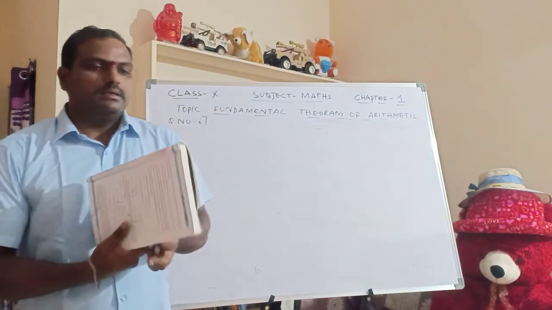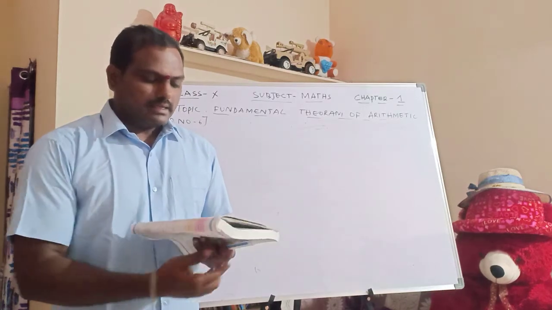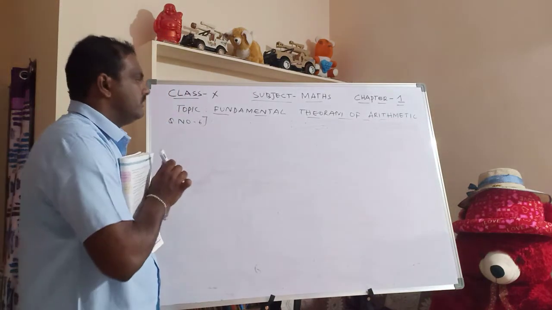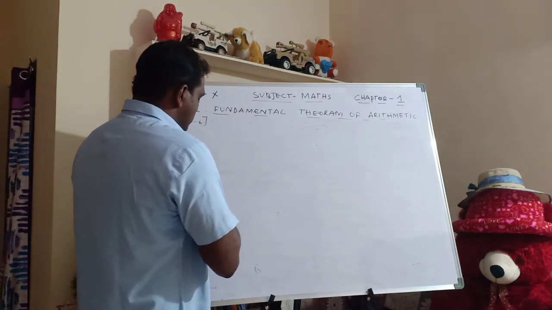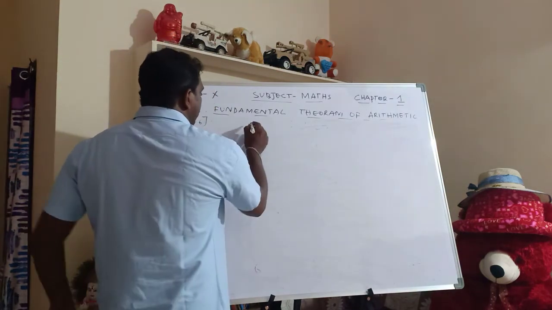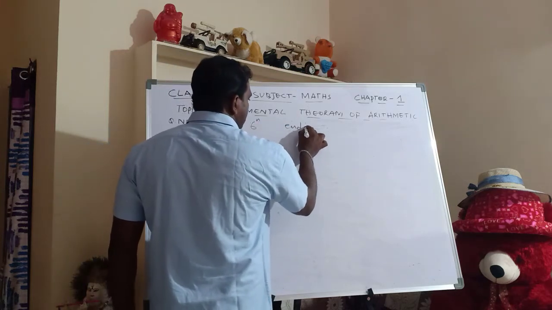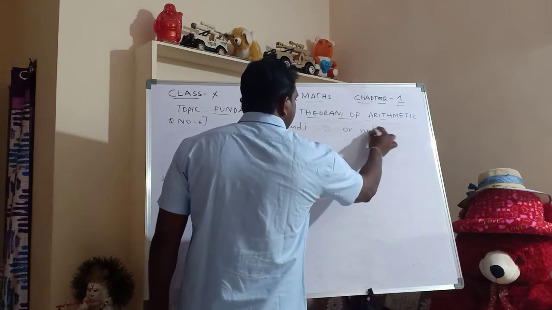Check whether 6 power n can end with the digit 0 for any natural number n. So 6 power n ends with 0 or not? This is the question.